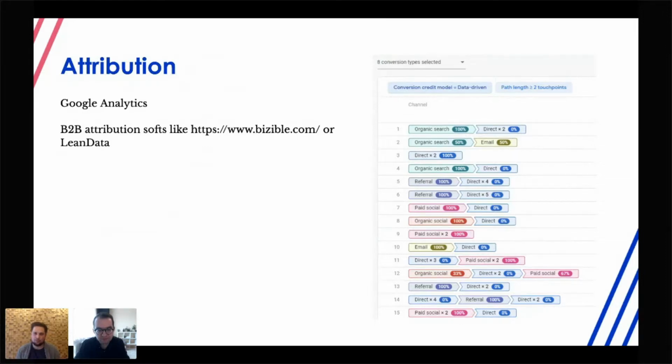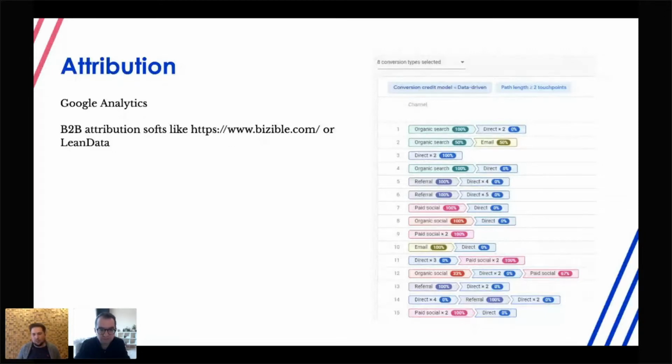But what's very important is that you analyze the whole customer journey and all interactions with your website. And the simplest and free tool that offers that is Google Analytics.